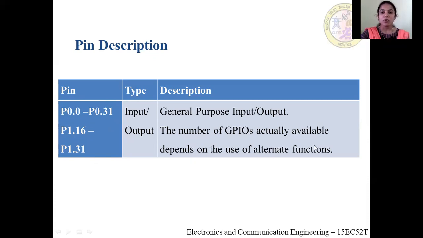In the pin connect block, we know that for each pin there is more than one function. That pin can be used for GPIO operation, which is by default the first function. If that pin is used for any other operation like pulse width modulator, analog to digital converter, or digital to analog converter, then that pin is not available for GPIO.